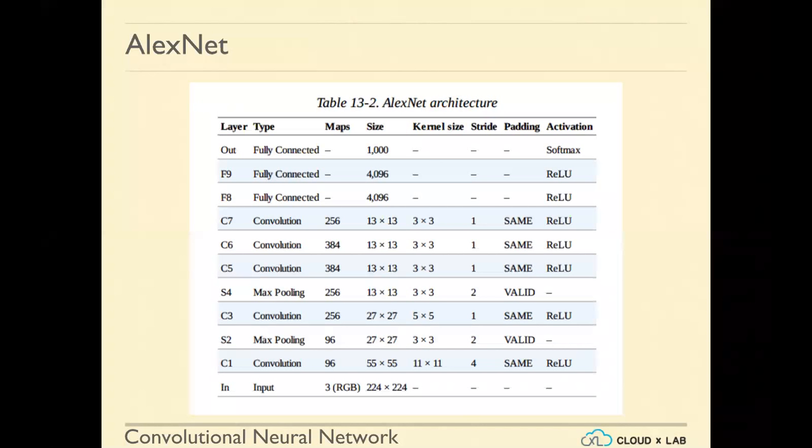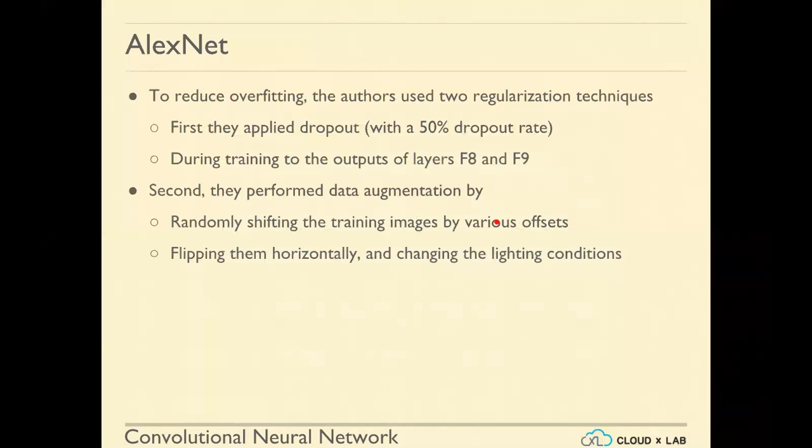Okay, great. So far we learned that by combining the convolution and pooling layers, we could do multiple things. AlexNet was one such example that applied convolution and max pooling along with fully connected layers to give great results. Now, to reduce overfitting, the authors of AlexNet used two regularization techniques.